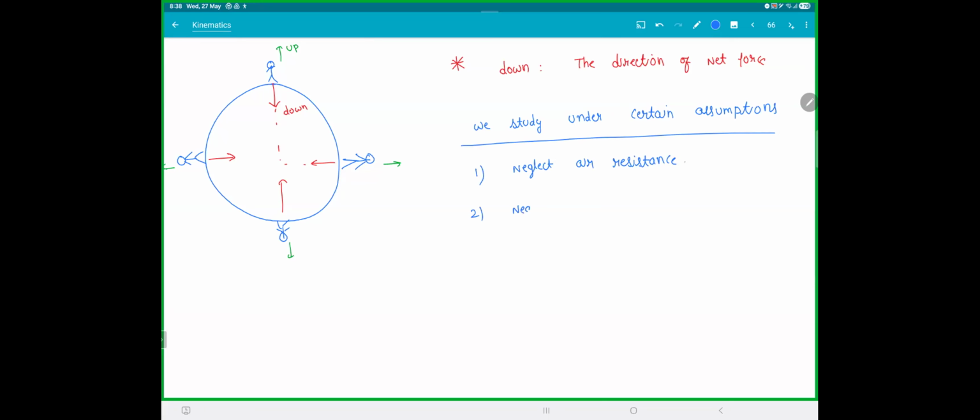We also neglect the variation in gravity. If you actually go away from the Earth, the gravity decreases. Yeah, but most of the times we are just talking about 100, 200 meter, 1 kilometer, 2 kilometers. So you can ignore the change. Third, we neglect the Earth's rotation and we neglect the Earth's curvature.